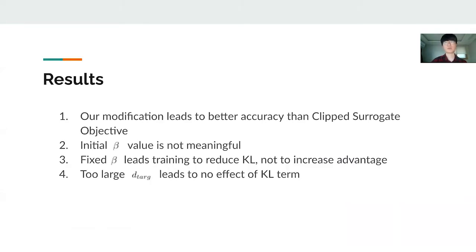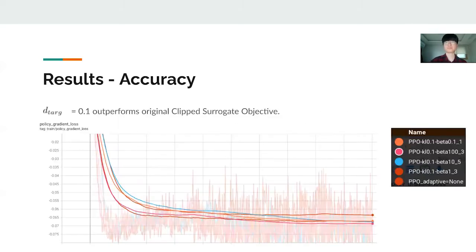Now I will talk about evaluation and observations. First of all, our modification results in better accuracy than the original. And we find three characteristics by the value of parameters. I will explain this in the following slides. First, our algorithm outperforms the original paper under the best parameters.